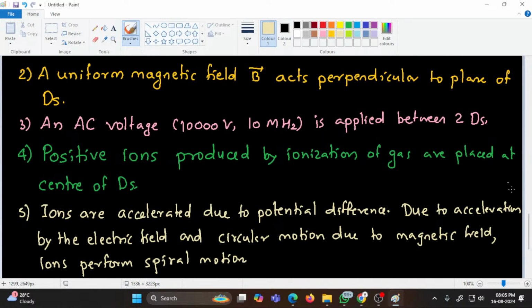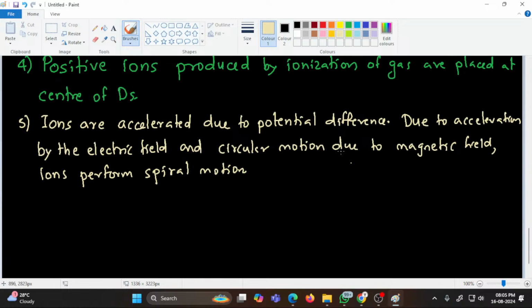And we have the formula mv is equal to qBr, where q is the charge on the ion.